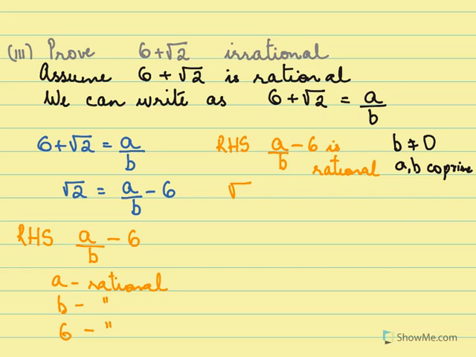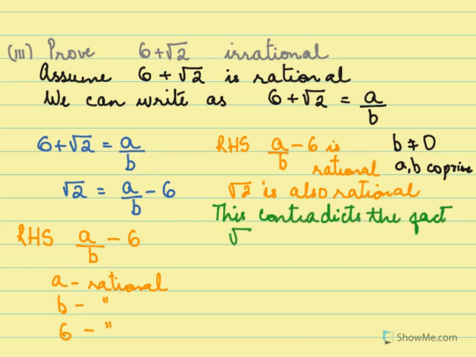But a over b minus 6 is under root 2. So we can say that under root 2 is also rational because they are equal. But this contradicts the fact that root 2 is irrational. We can prove that under root 2 is irrational.